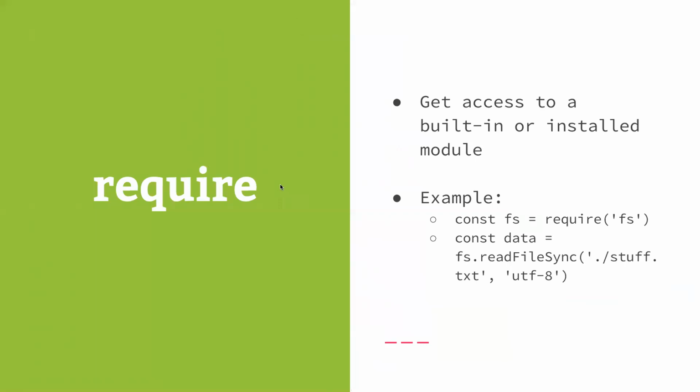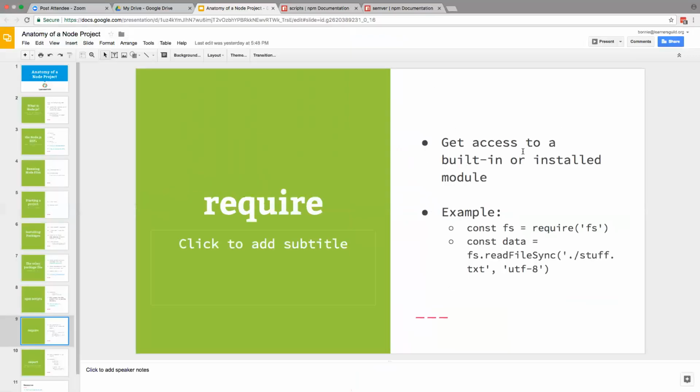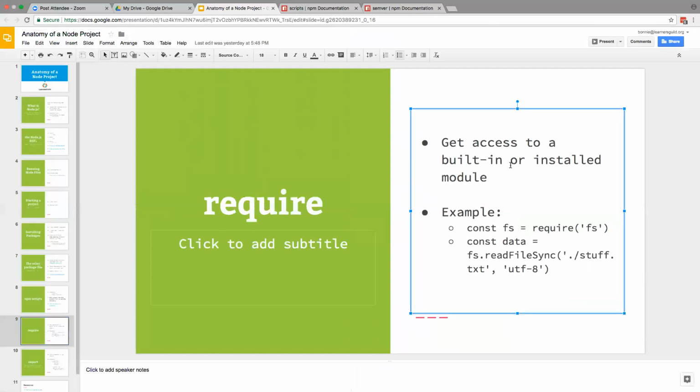Let's talk about require. This is something I was talking about with Jedi and Celeste this morning. With require, you can get access to either a built-in or installed module, or a custom module.